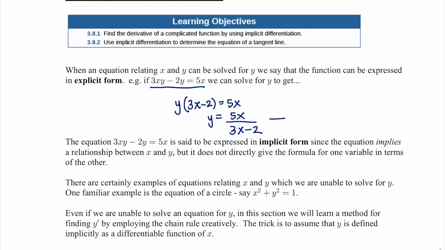So this is called explicit form, because it tells us explicitly, here's what y will be if we know what x is, right? The other form, like we said, was implicit form, because that relationship is implied, but it's not stated explicitly.